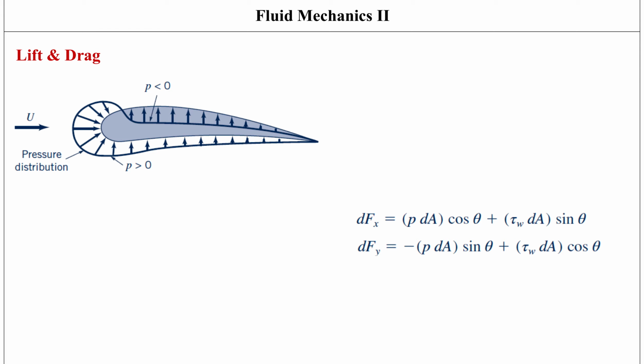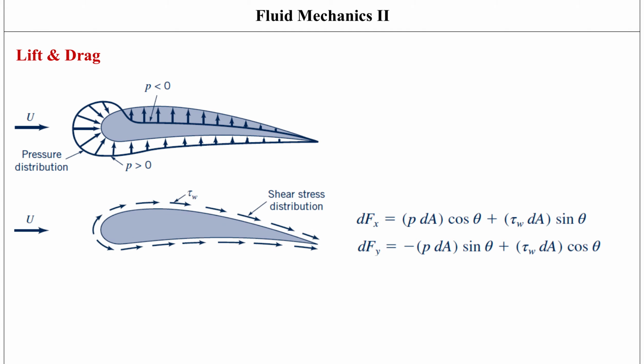We could have normal stresses that are because of the pressure, which is P, or we could have the wall shear stresses on the body. So this tau W here shows the wall shear stress, and this is because of the viscous effects. So we've got normal stresses because of the pressure and wall stresses due to the viscous effects. And both of these, pressure P and wall shear stress tau W, vary in magnitude and direction along the surface.